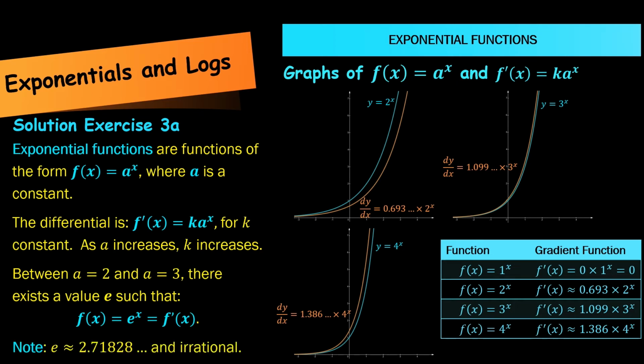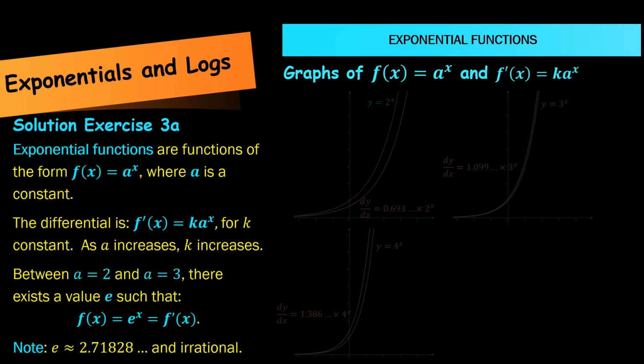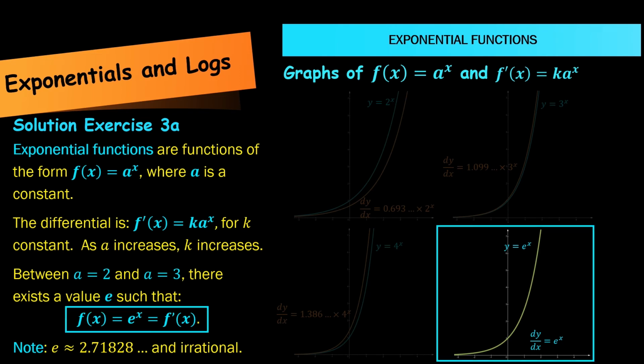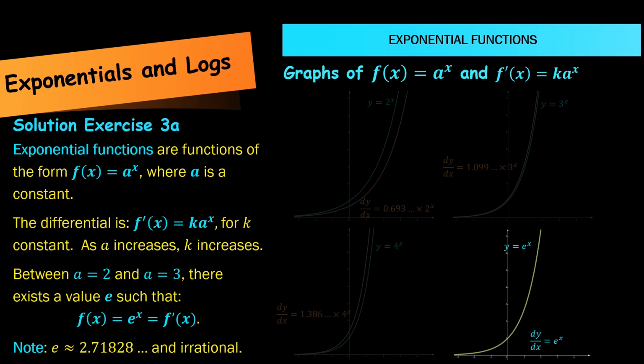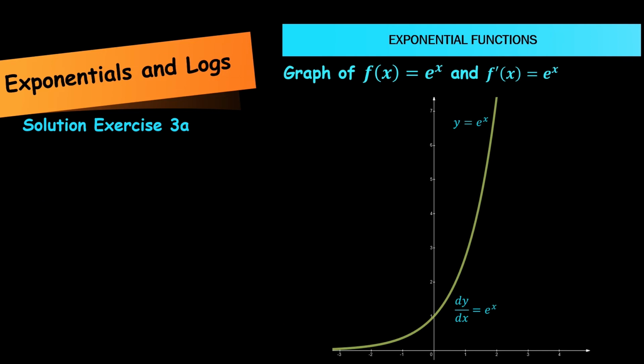And the value e is approximately 2.71828, and it's irrational. Here's a sketch. The key points to note for this function, as we mentioned earlier, are that the function and the derivative are the same for all real values of x.